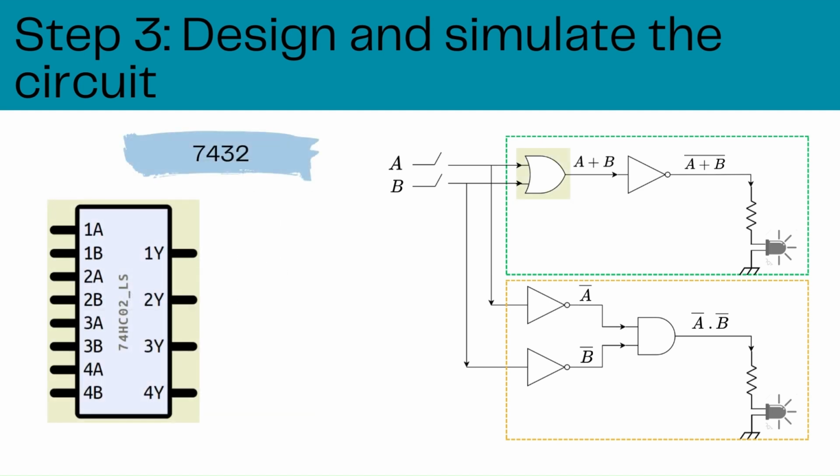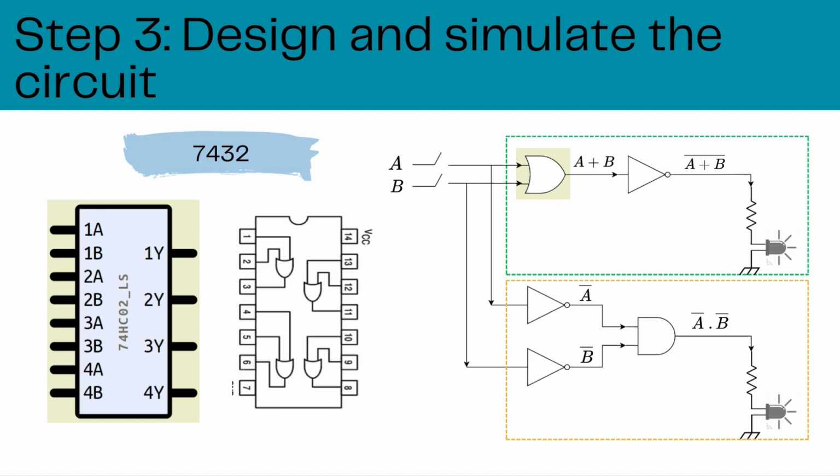Here is IC 7432 having 4 OR gates. In this case, if 1A and 1B receive the 2 inputs of the OR gate, then 1Y will provide the output. Similarly, if 2A and 2B are the 2 inputs of the OR gate, then 2Y will provide the output, and so on.